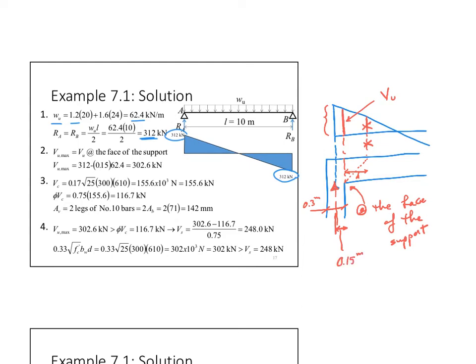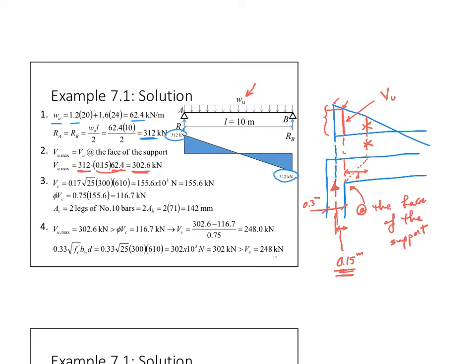And in this case, I just multiply that times the load applied to get down from this value to this value. So I simply say 312 minus that distance times 62.4, which is my W, equals 302. This is my VU max that I should be designing the beam for.